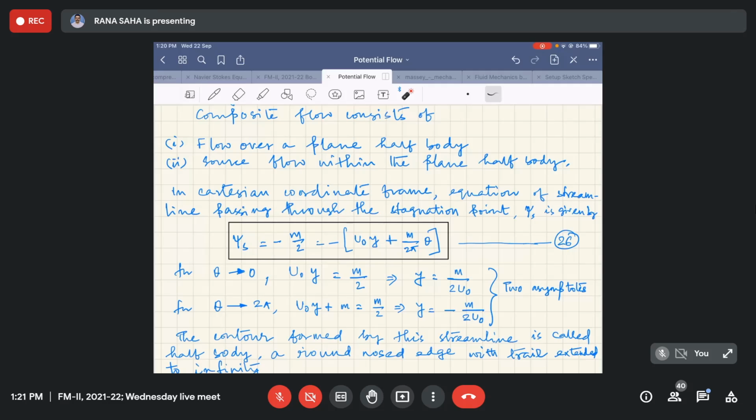The genesis of having this type of shape actually came from this potential flow analysis. Because, as I said at the very beginning, the evolution of potential flow is much earlier than the hydrodynamic study based on experiment and the boundary layer flow, which came later.